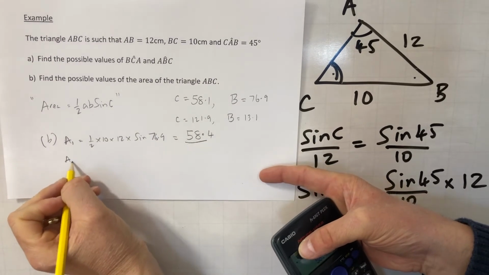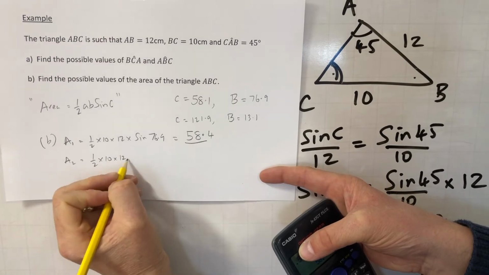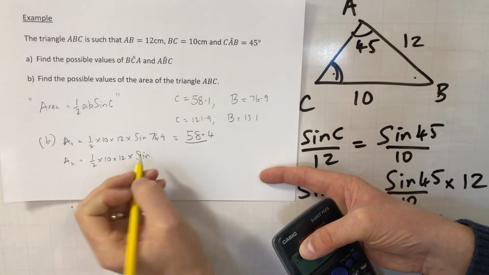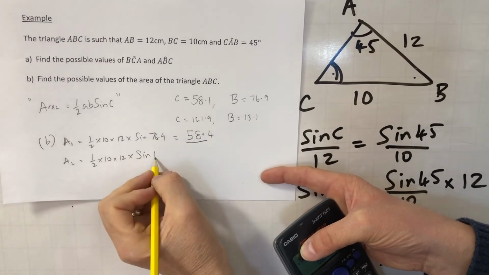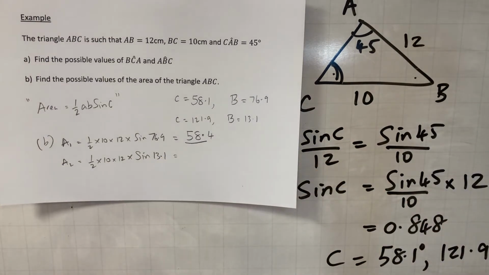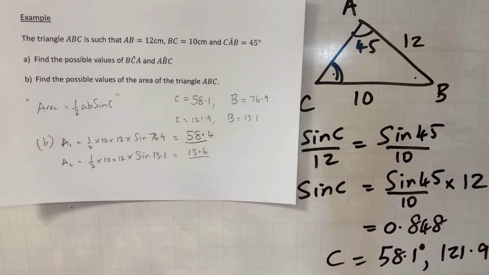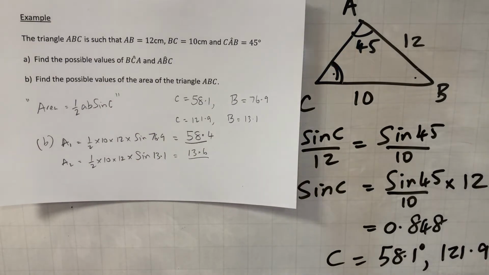Alternatively, the second possibility is that instead of the 76.9, it could have been 13.1, which produces another answer. So clearing the angle and putting 13.1 in its place, that produces an answer of 13.6. So there's the two possibilities for the area.